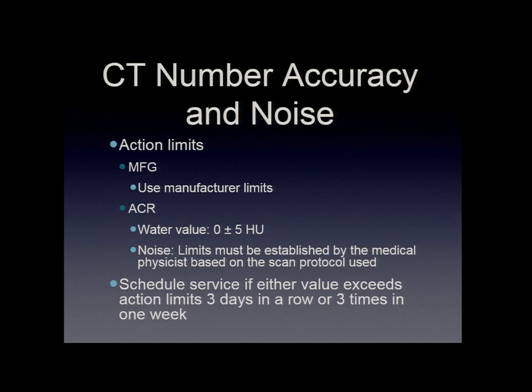If anything goes out of limits, then you need to, as I said, either recalibrate it and repeat the QC procedure to see if it comes back in limits, or if it's something that's significant, you need to contact service for corrective action. If you keep trying to fix it and your CT numbers are out 3 days in a row, that means we might have a bigger problem, and so get service in there.